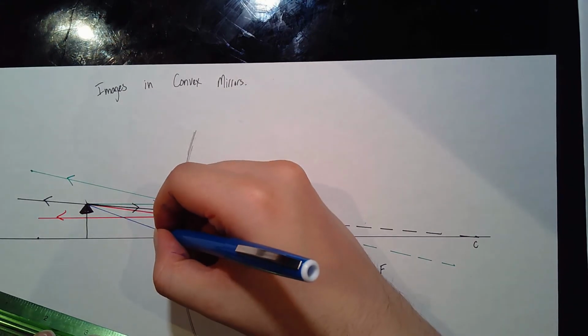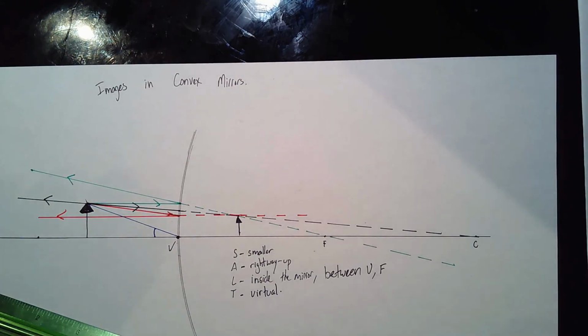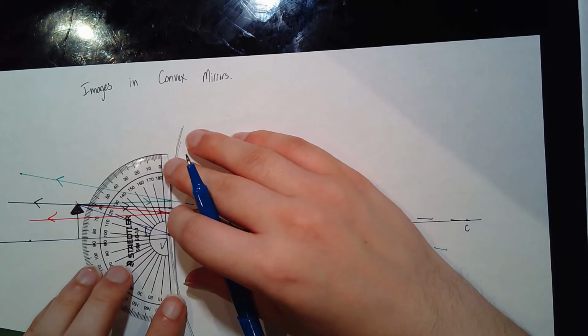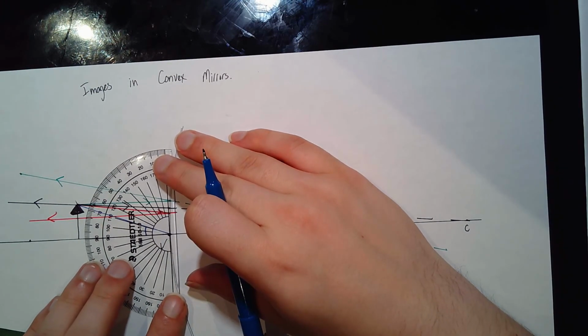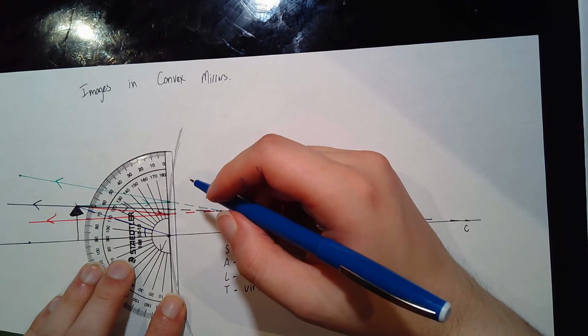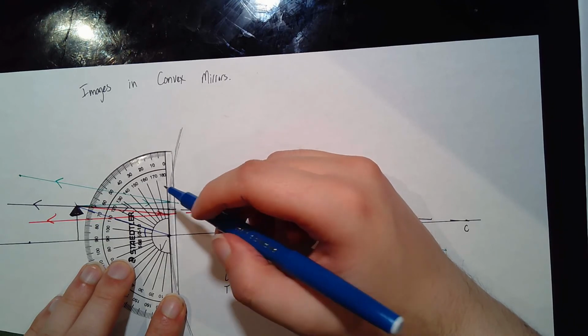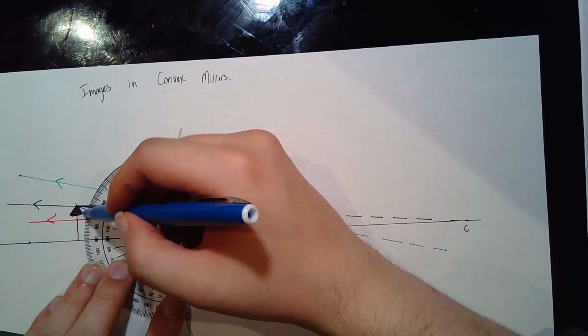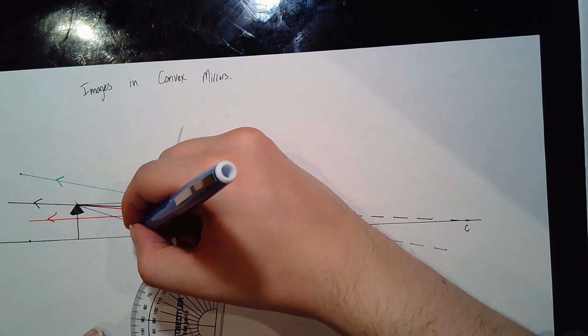So all I'm going to do is line up our object and our vertex. And so I want to measure this angle, and then that's the angle that's going to stay the same once it reflects, right? And that's just from the law of reflection. So looking at this, I find that this angle is pretty much exactly 30 degrees. No, sorry, 20 degrees. So that's a 20-degree angle in there.